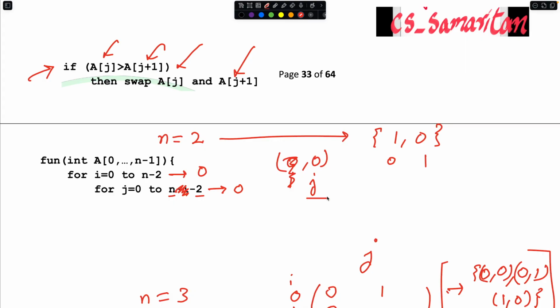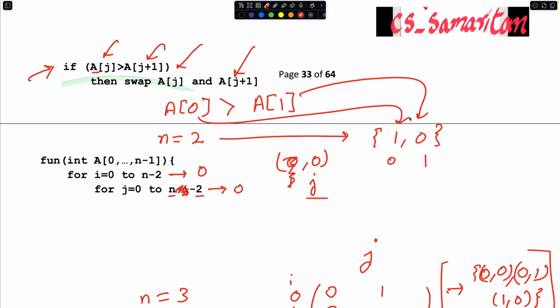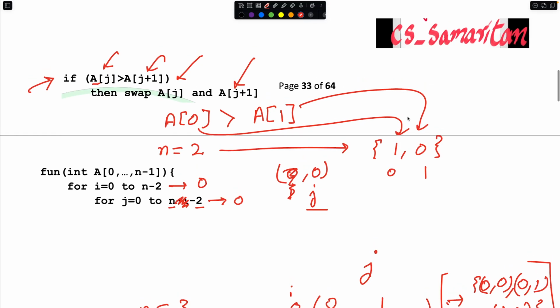The j is 0. So basically we are comparing a0 is greater than a1. a1 corresponds to 0, a0 corresponds to 1. With that being the condition, 1 is greater than 0, so this condition is met. So this swap is going to be operated.